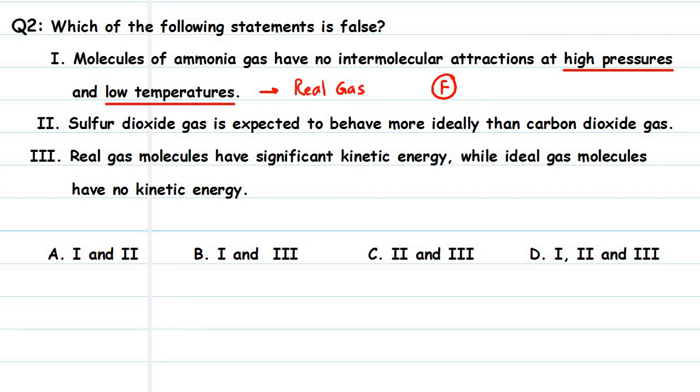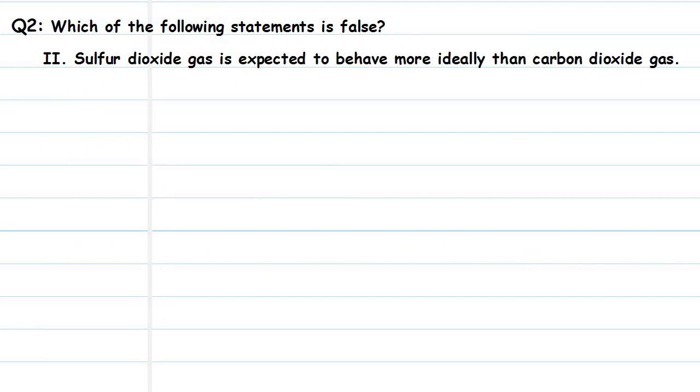For the second statement, sulfur dioxide gas is expected to behave more ideally than carbon dioxide gas. Well, let's take a look at this one a little bit more carefully. Remember that there are at least two things that make real gas molecules different from the ideal gas. First, the real gas molecules have volume.